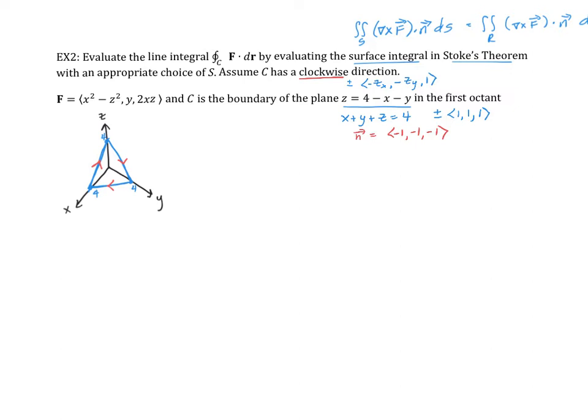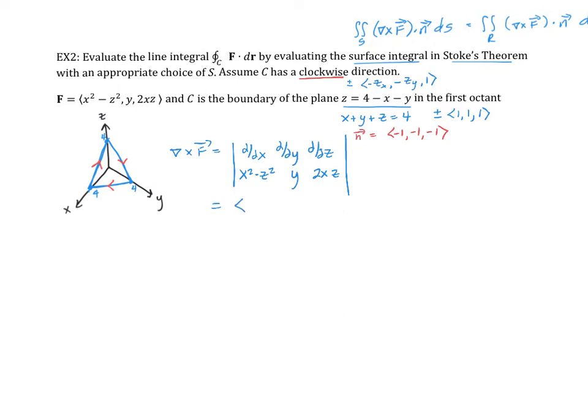Next, I'm going to compute the curl. And I'm going to be lazy again and leave off the i, j, k. So my partial derivative with respect to x, y, and z, crossed with x squared minus z squared, y, and 2xz.